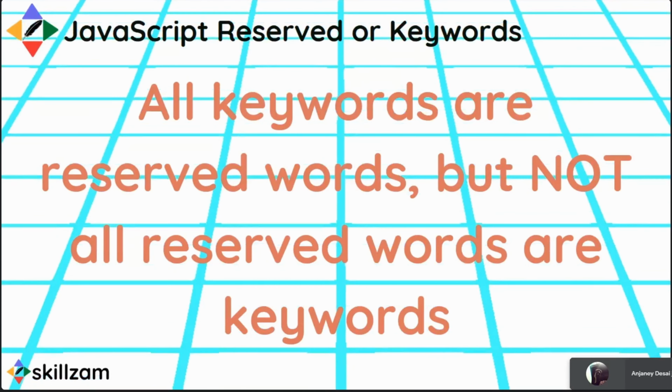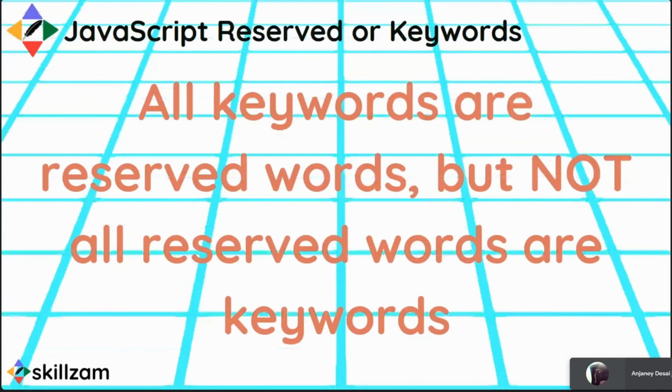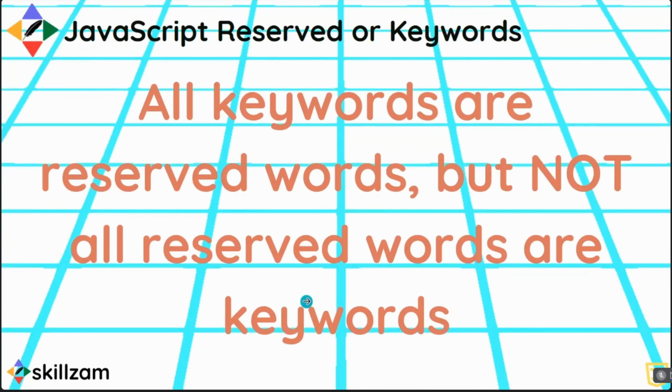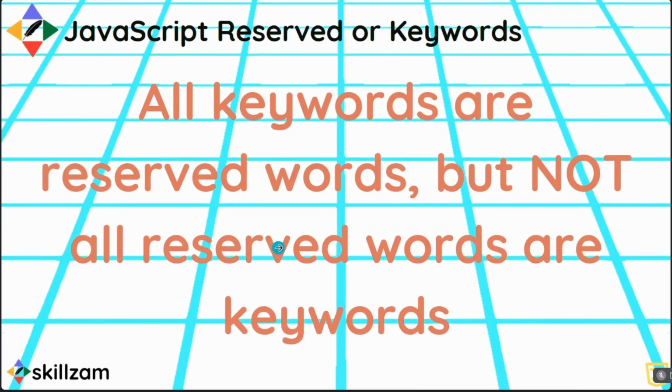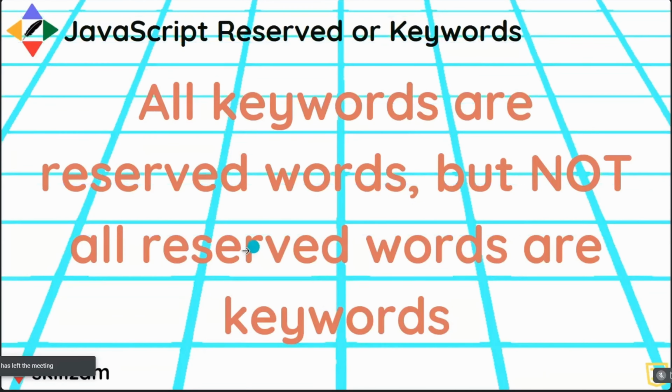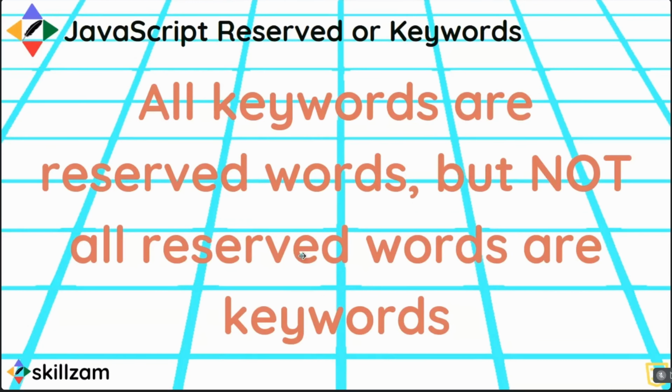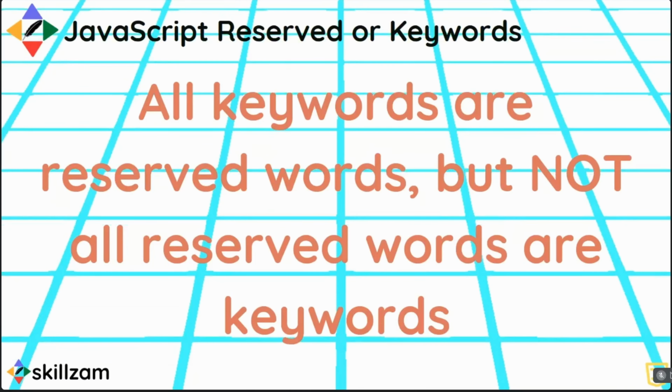Reserved words are a superset of keywords. All the keywords will be part of the reserved words, but there are additional reserved words which might be reserved for future use.